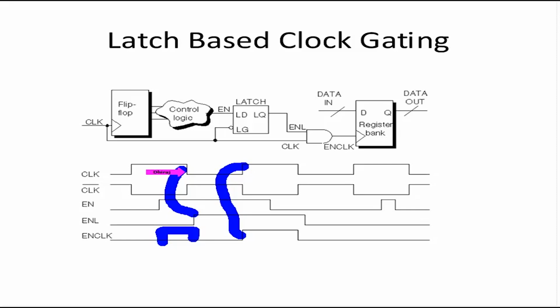The AND gate is the actual gating circuit. The latch simply makes sure that EN does not transition when clock is high, so that the edge is not clipped off, and it provides a stable full pulse of the clock whenever there is an enable. So this circuit does two things. First, it gates off the clock when it is not enabled.